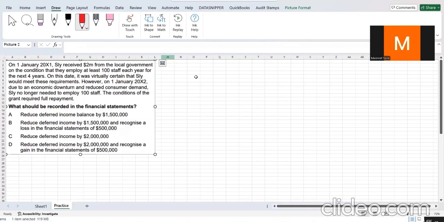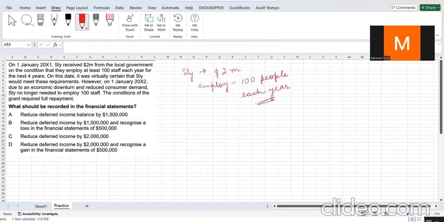So, let's get started. So Sly has received 2 million of government grant. Okay? And that 2 million of government grant is for employing 100 people each year.